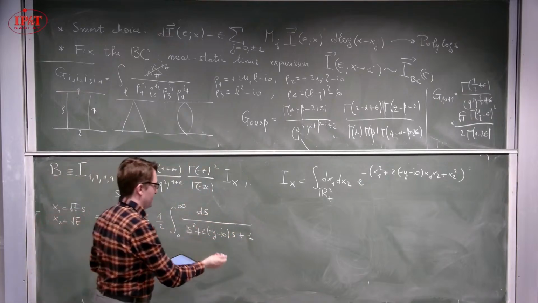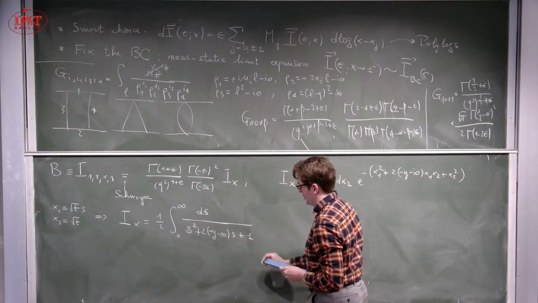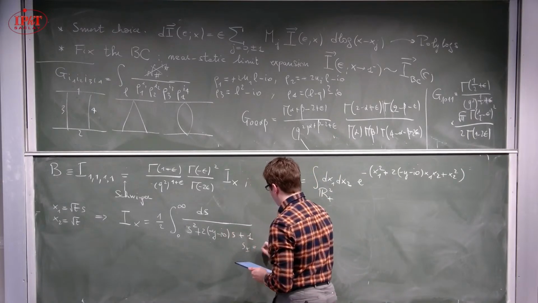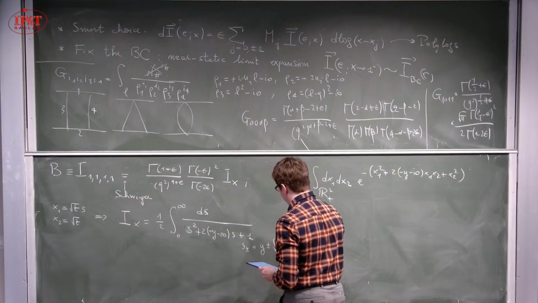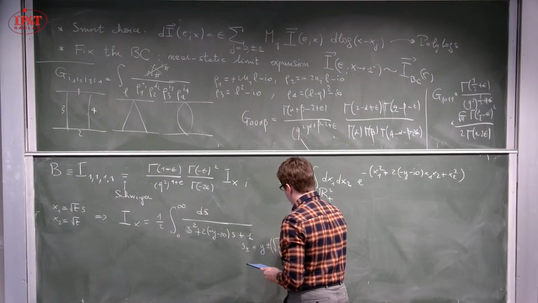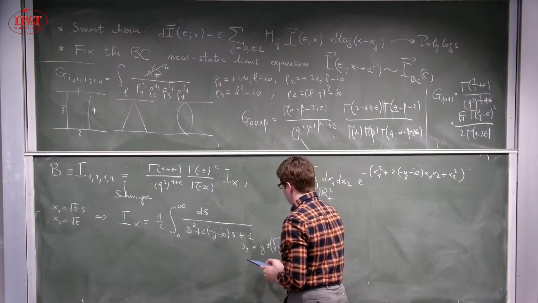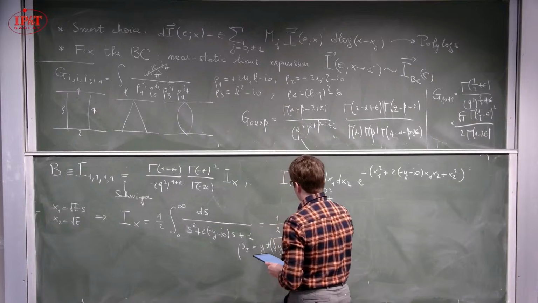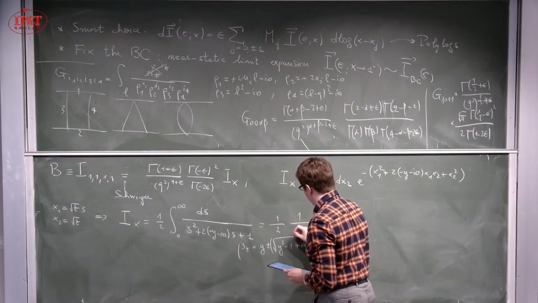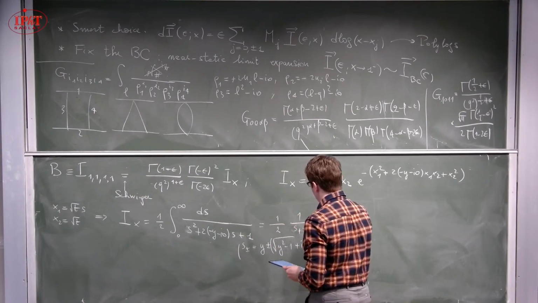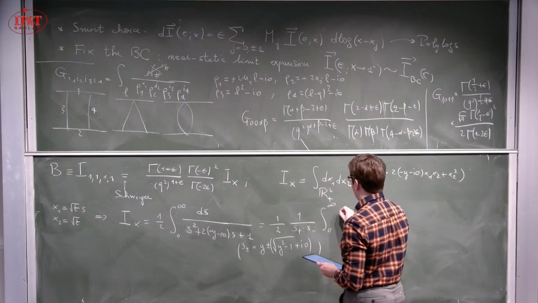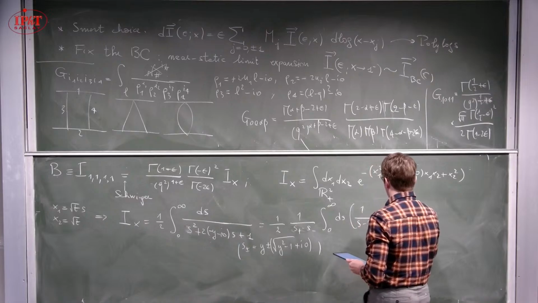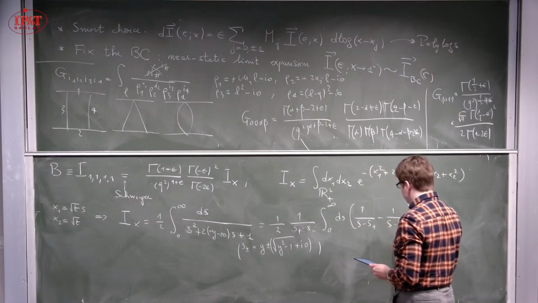And this you can do by partial fractions, right? You can call s plus and minus the roots of this thing here, so y plus or minus the square root of y squared minus 1, plus the epsilon. And then you can decompose this as 1/2, 1 divided by s plus minus s minus, times the integral from 0 to infinity ds of 1 over s minus s plus minus 1 over s minus s minus.